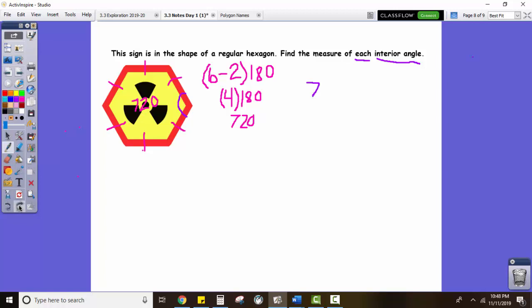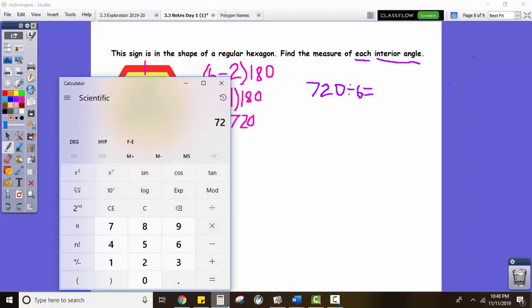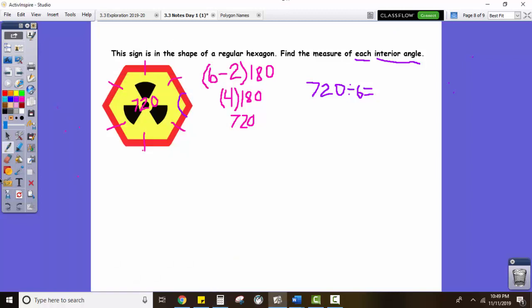So if I take the 720 and divide it into 6 for those 6 angles, 720 divided by 6 gives me 120 degrees. So each of these angles is 120 degrees.